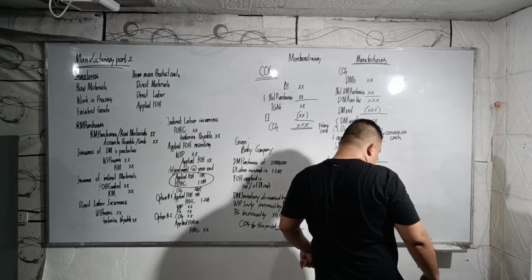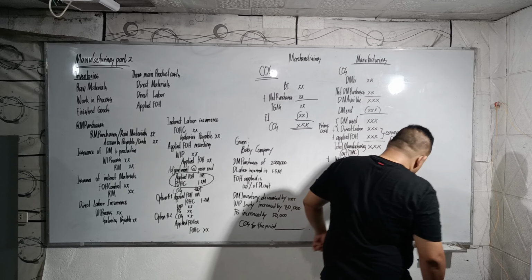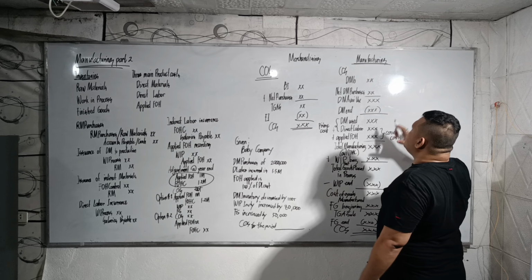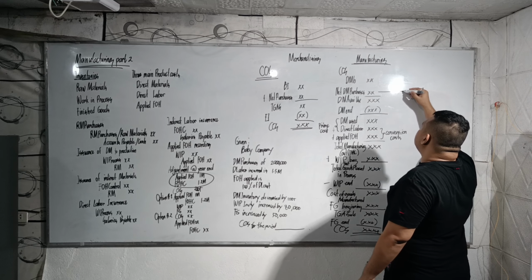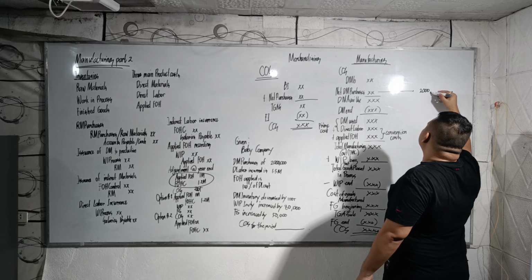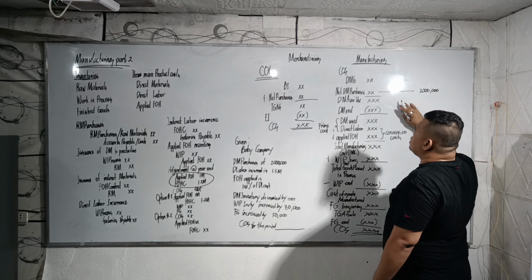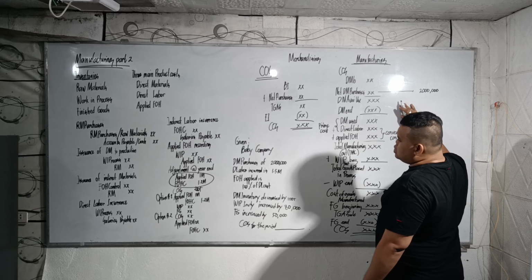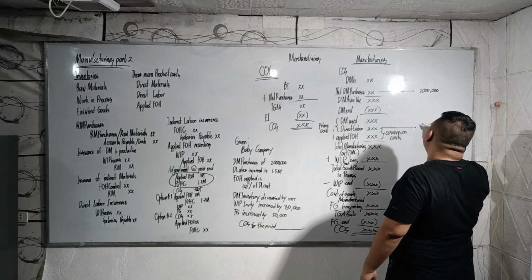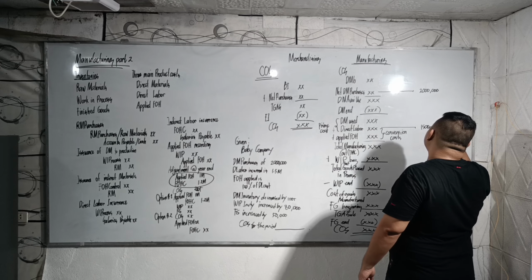So let's just focus here. If we talk about direct material purchases, you can put that right here immediately. The 2 million. And then the direct labor is 1.5 million. So here you have 1,500,000.